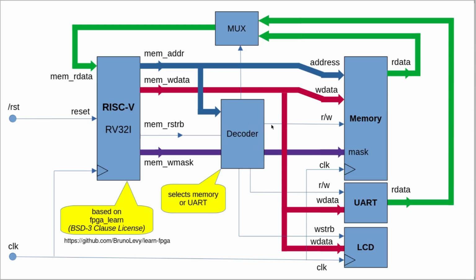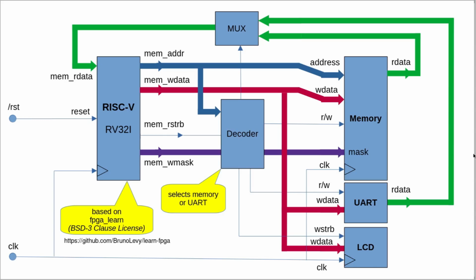It outputs the read-write lines when the CPU wants to read from memory, or read or write to the UART interface or to the LCD. The LCD currently has no output that the CPU can read, but the memory and the UART peripherals are connected back through a multiplexer, which is also addressed by the decoder.